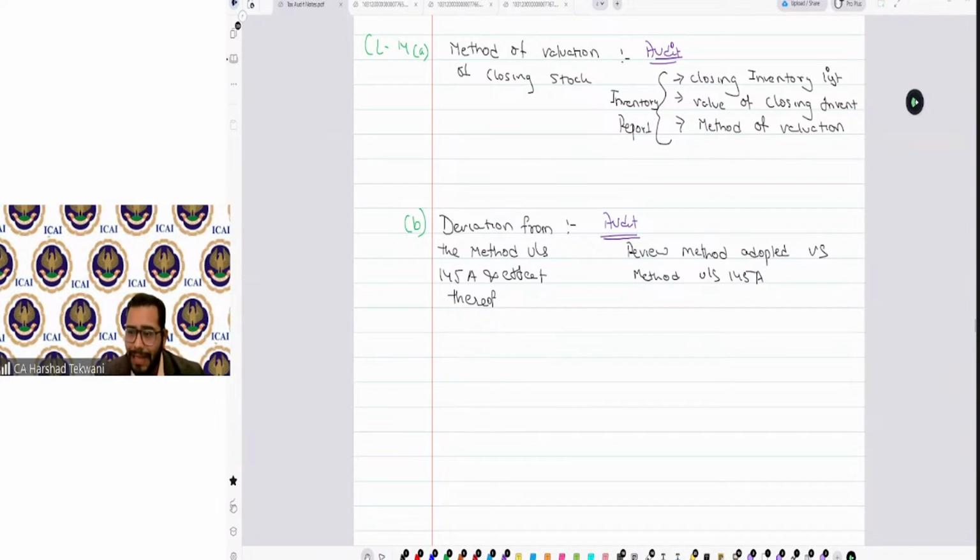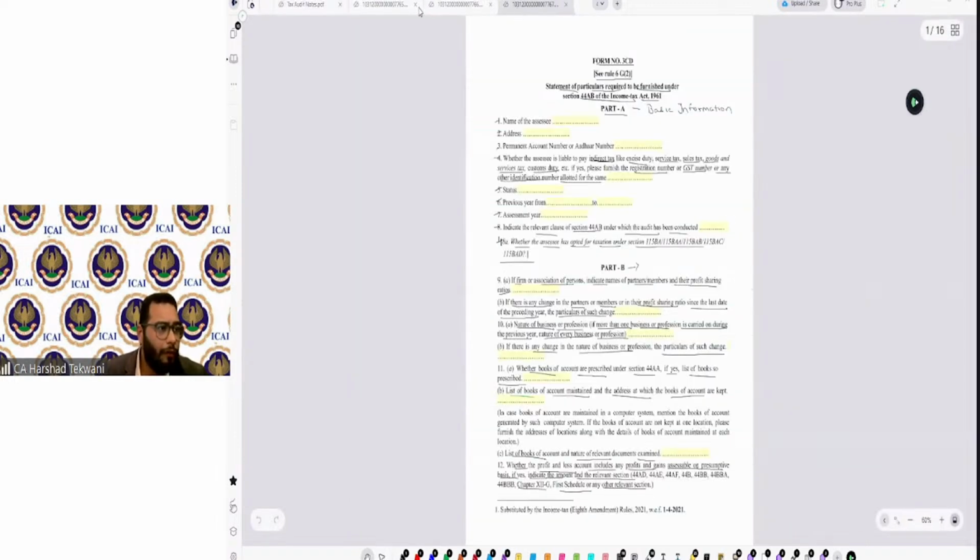I hope you guys have gone through those particular clauses till now, which are very important. Now coming to the next clause, which is clause number 15 of Form 3CD.